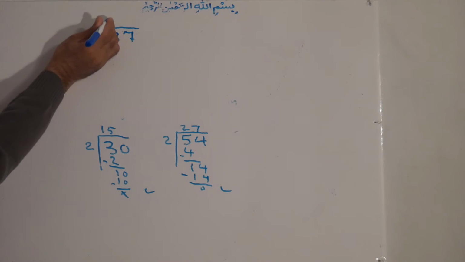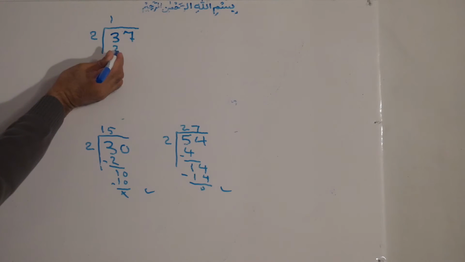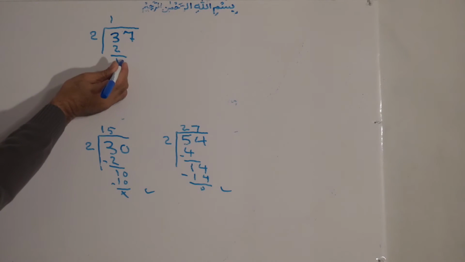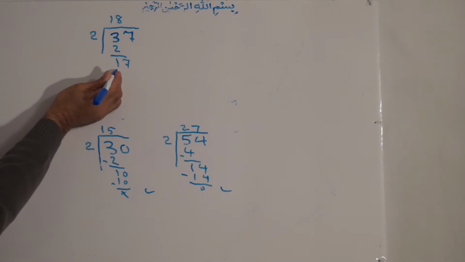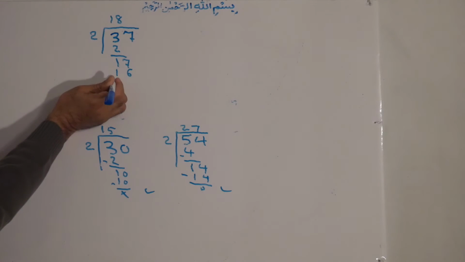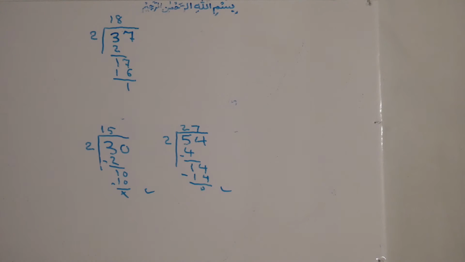So 1 times 2, remaining 1, 7, 6, 8 times 2, 16, remaining 1. It is not completely dividing, so this is not divisible by 2.